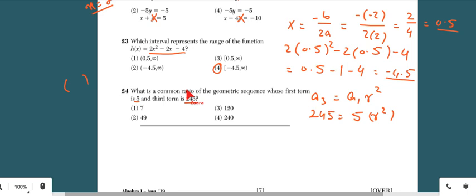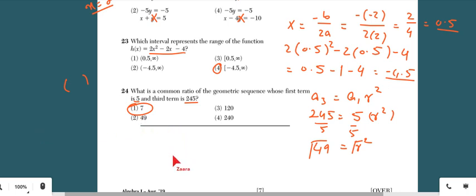Let's divide by 5. You will get r squared equals 49. Take the square root on both sides, so the value of r is 7. Okay, so finally we completed our multiple choice questions.